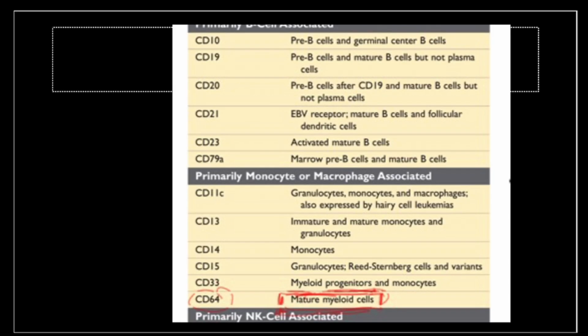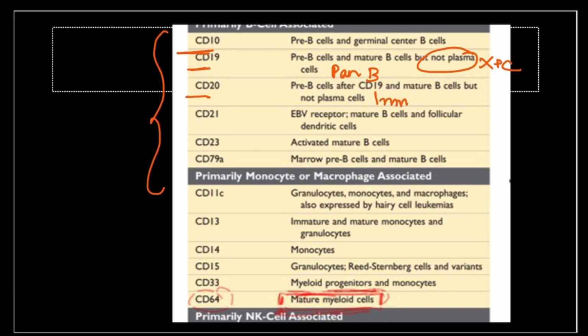This is a table from Robbins to summarize the important CD markers. Please remember, CD10 is positive in the pre-B cells and the germinal center B cell. CD19 is a pan B cell marker which will be present in all but not plasma cell.